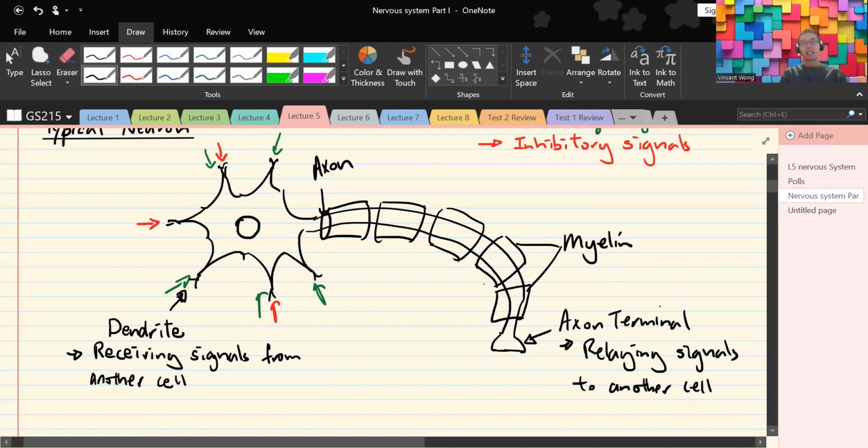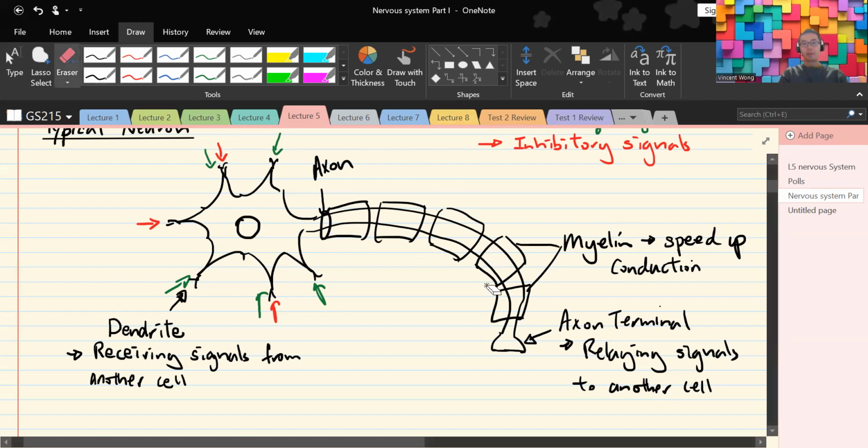If this is a neuron in the PNS, your peripheral nervous system, then the myelin would be formed by the Schwann cells. In any case, the purpose of the myelin is to speed up conduction. It allows the signal to pass really quickly, and you will not lose the strength of that signal.